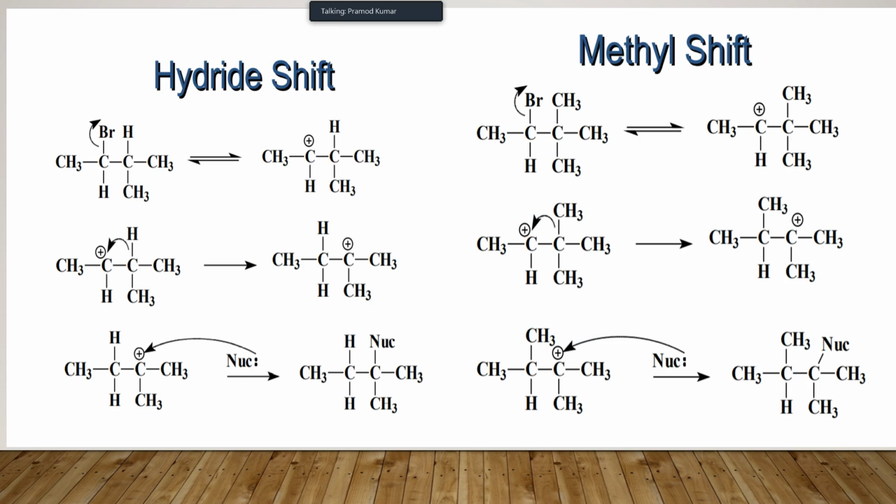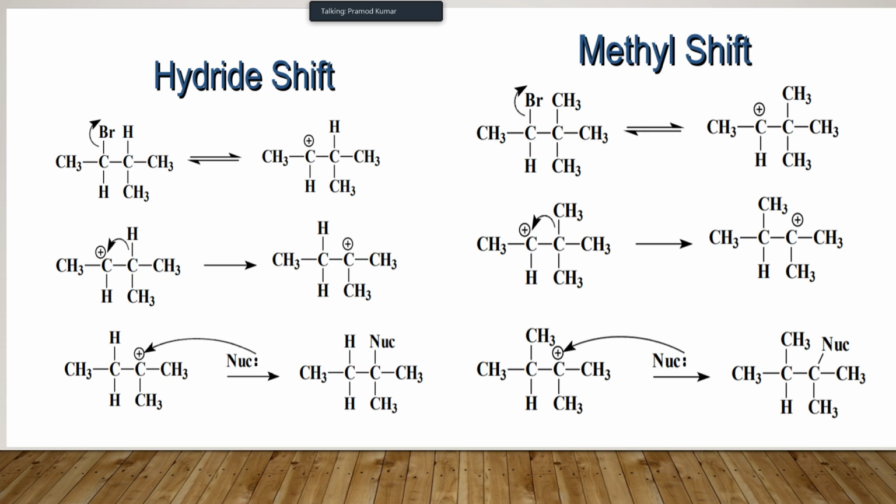Hydride shift, if you can see, first step. What is the example? What is hydride shift? You get a secondary carbocation. Adjacent, if you see over here, that is 1, 2, 3, 4: 2-methyl, 2-bromo, 3-methyl butane. When the leaving group is lost, you get your carbocation. So that is your secondary carbon.